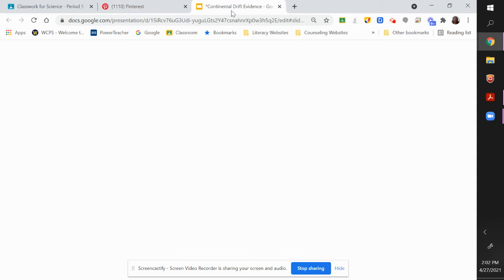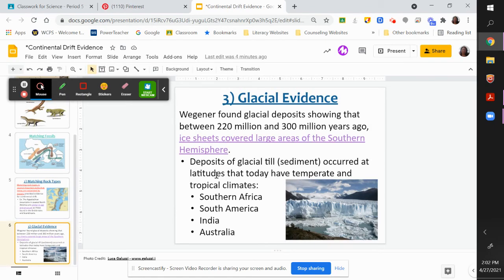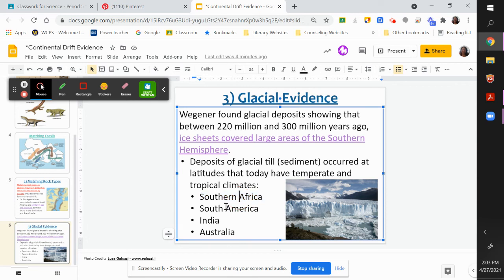The equator is the imaginary line that separates the northern hemisphere, the top, from the southern hemisphere, the bottom. So here's what Wegener is saying. He's saying that we found evidence of glaciers in southern Africa, South America, India, and Australia. These are all places that, as it says here, have temperate or tropical climates, meaning they're kind of warm places.